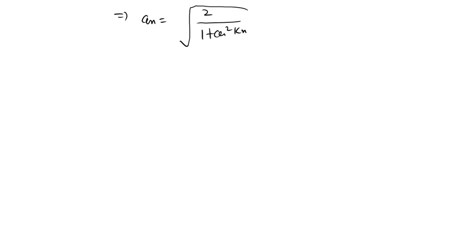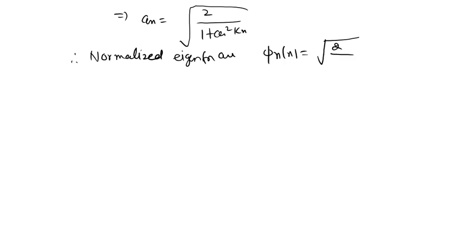So the normalized eigenfunctions are phi n x equal to an, which is 2 divided by 1 plus cos square kn, under root, and multiplied by sine kn x. And kn is the square root of lambda n, with n running from 1 to 3 and so on. So we found the normalized eigenfunction.